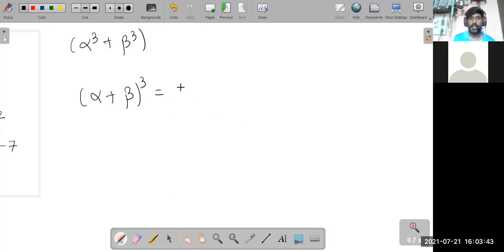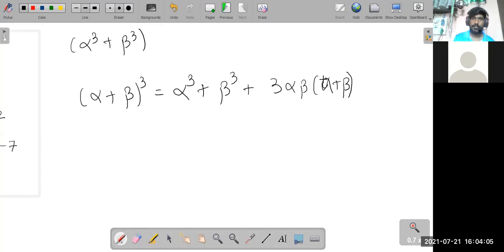Okay, so this formula is a cube plus b cube plus 3ab into a plus b. You remember this?